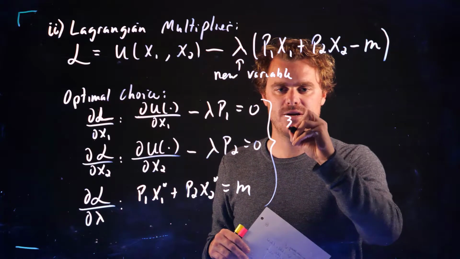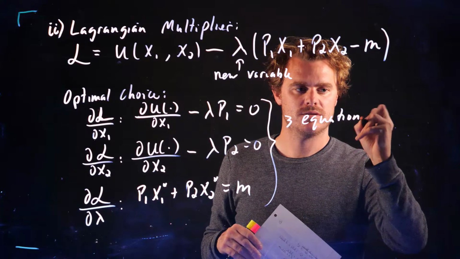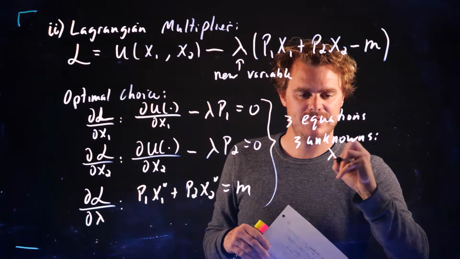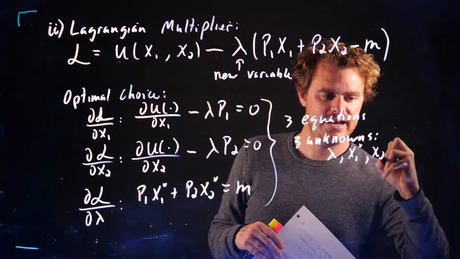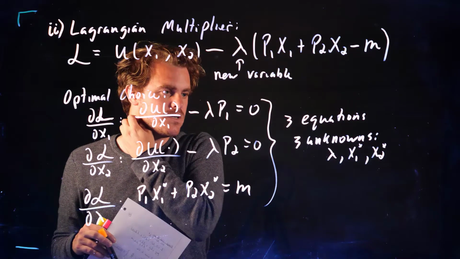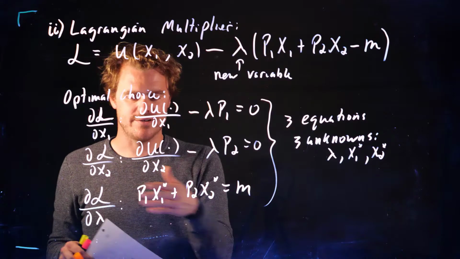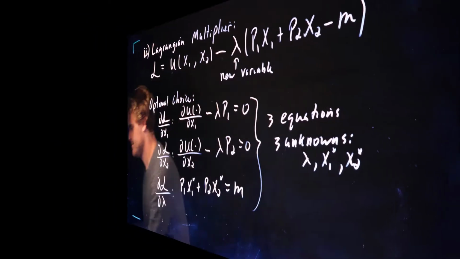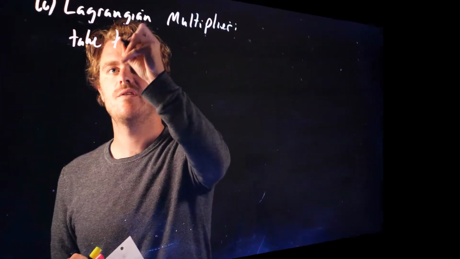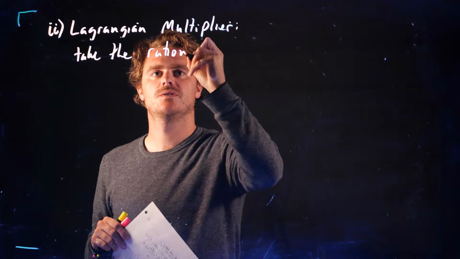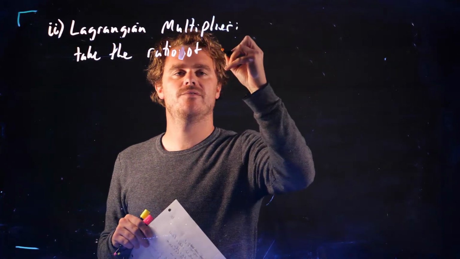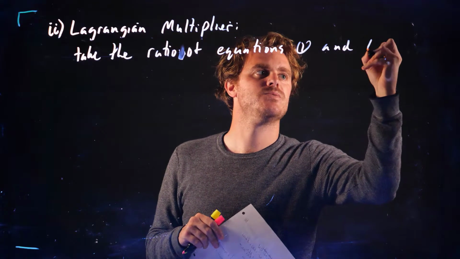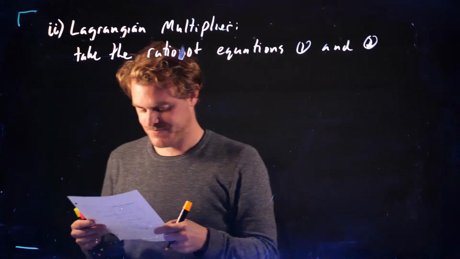So here we have three equations and three unknowns. The unknowns are lambda, x1 star, and x2 star. We're just going to solve for those. We're first going to solve for lambda, and then solve for the rest of them. Take the ratio of equations 1 and 2 in terms of those partial derivatives.